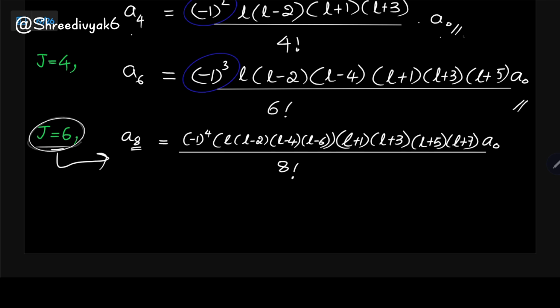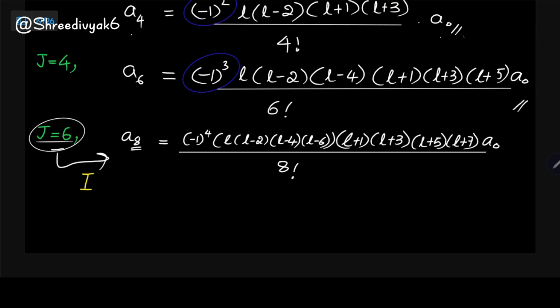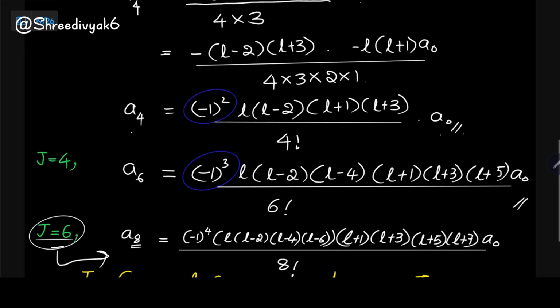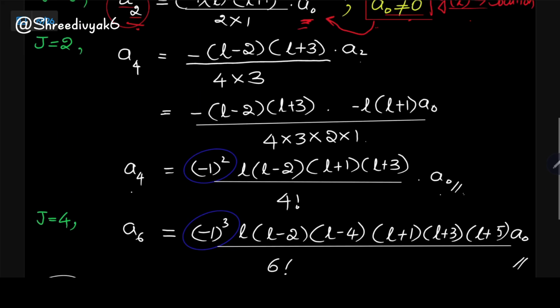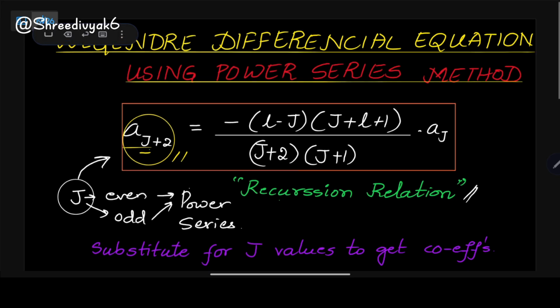So in general, for even values of j, I can write, look at this, what will be my general coefficient for even values of j. 2 into 1 for j is equal to 0.